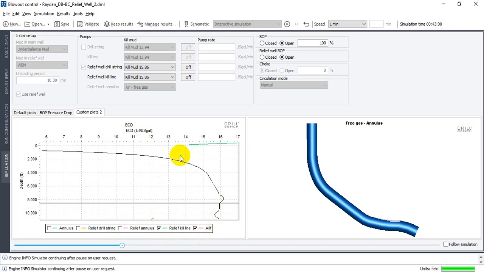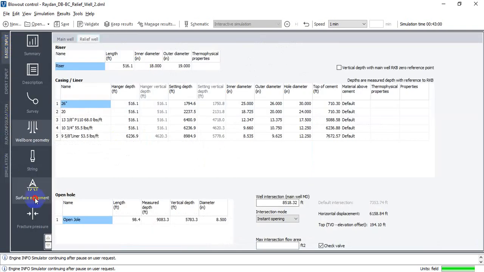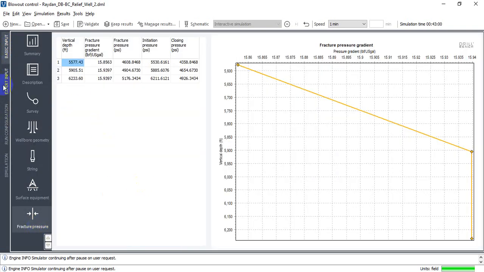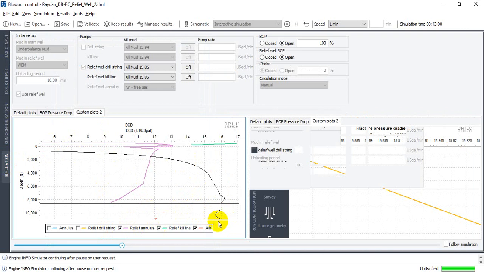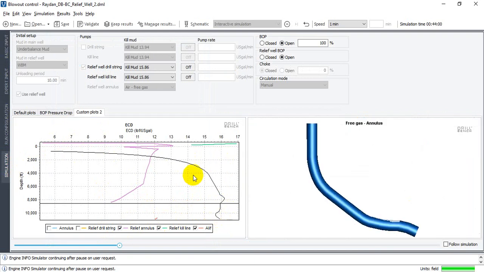And we have this one, the fracture pressure which we added here. We can see it by this black line, it is more than 16 or outside.